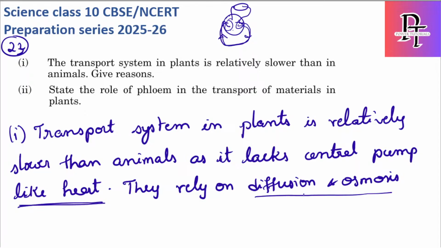If they ask what the main parts of the transport system in plants are, you can say we have two things: phloem and xylem.